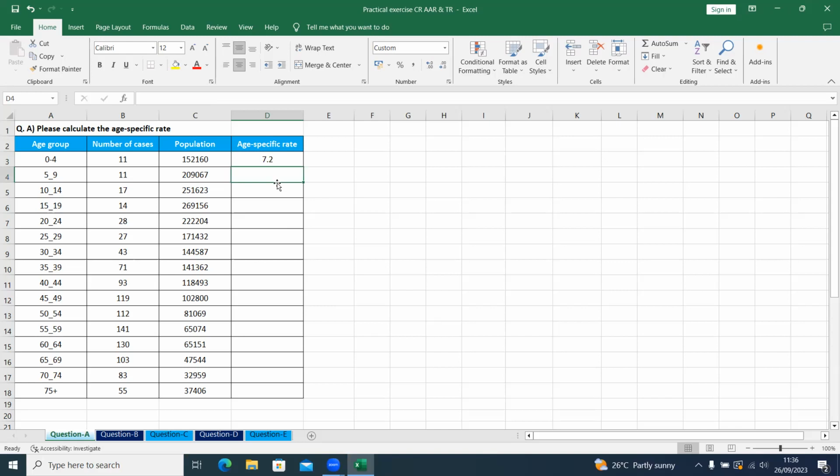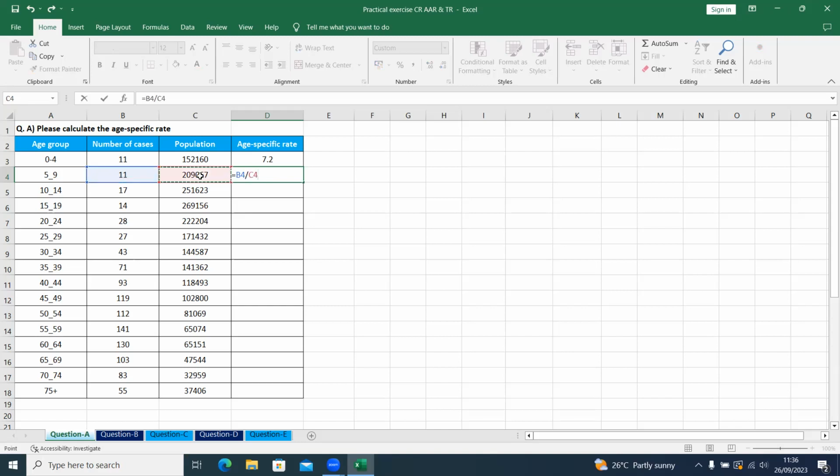Now here for age group 5 to 9, I will just apply the formula is equal to, I will select the cell where the number of cases of that age group is, that is 11. This will be easier for all of you. Divided by the population of that age group 5 to 9.